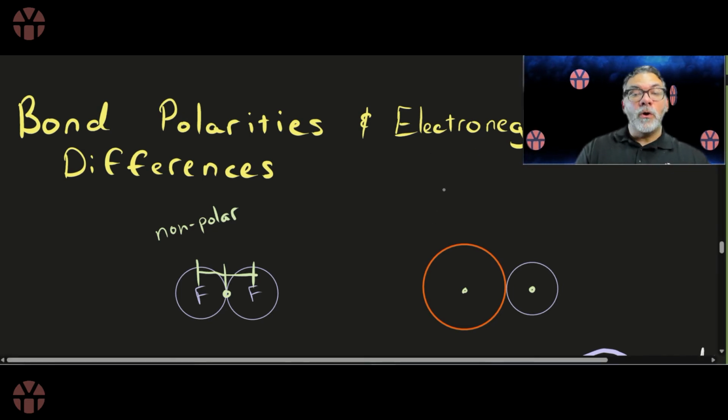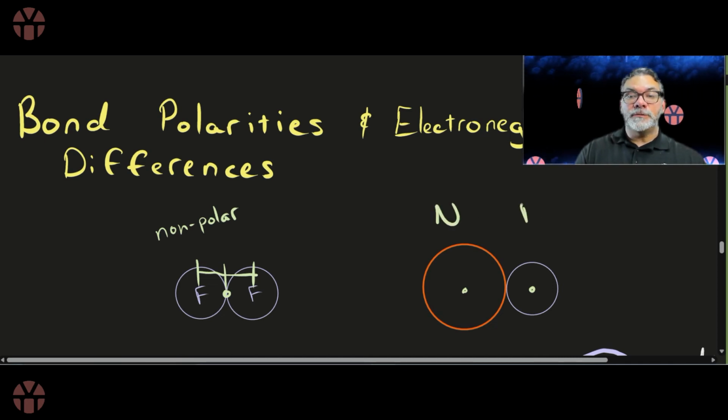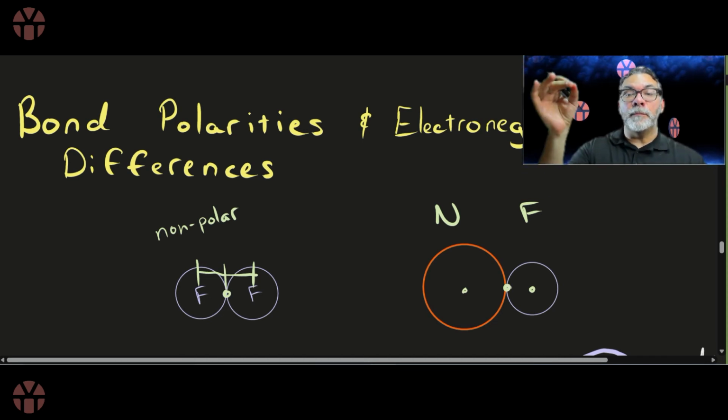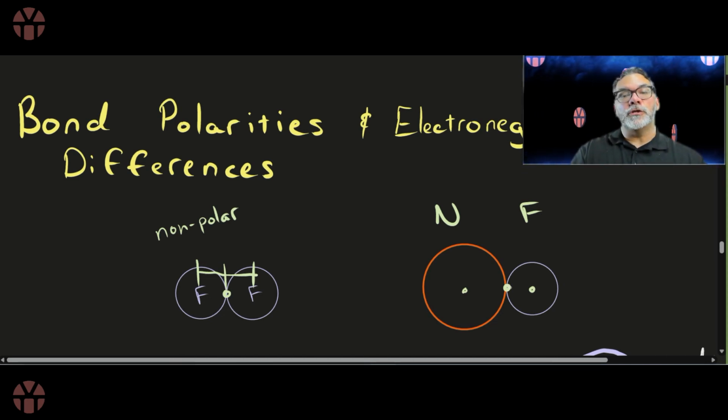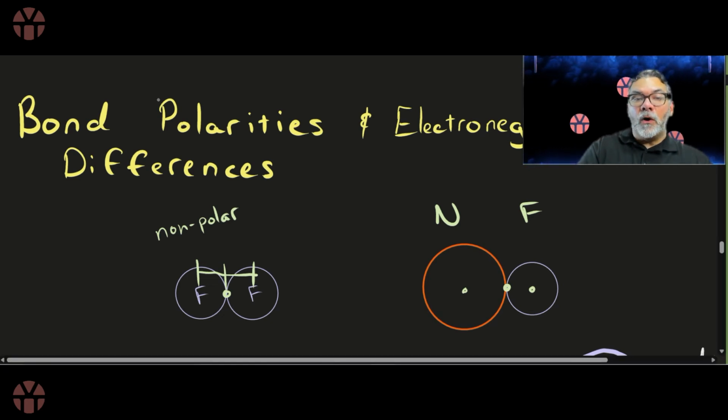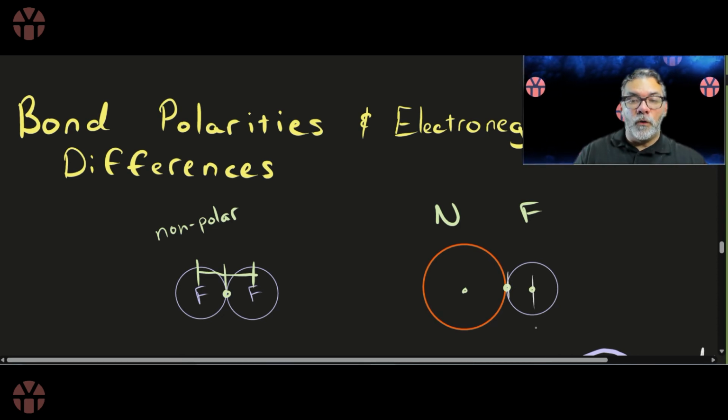But now let's look at the different scenario. Let's look at something like, let's make this one the nitrogen over here, and let's make this one the fluorine over here. Let's again put the electron right there at the boundary between the nitrogen and the fluorine. Well, now, what do you notice? Well, obviously, it's going to be closer to the nucleus of fluorine than it is to the nucleus of nitrogen.